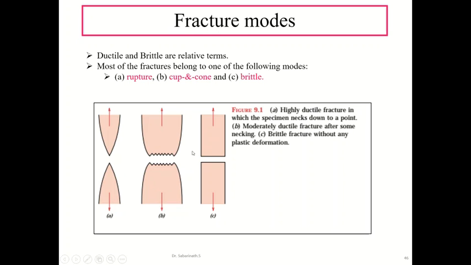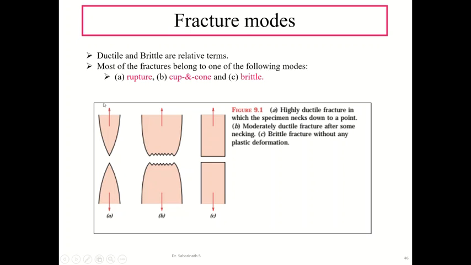The first one you can see here is an example of a pure or soft metal, for example gold or lead.